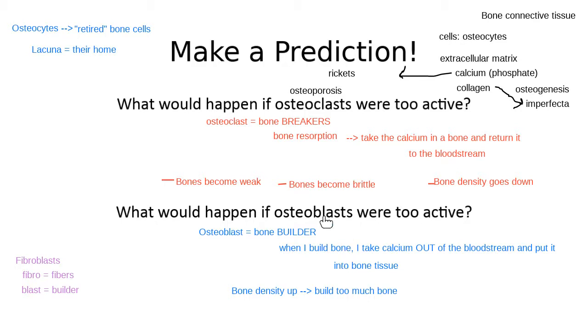If my bone builders are really active, remember that we said we take calcium out of the bloodstream when these are active. So if an osteoblast were to get too active, that would lower blood calcium, make it too low, potentially. If this happens for too long, my blood calcium might get really, really low, if my osteoblasts are stealing it all and putting it all into bone tissue.